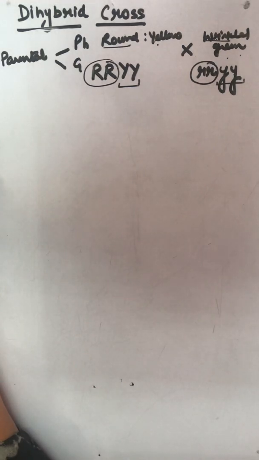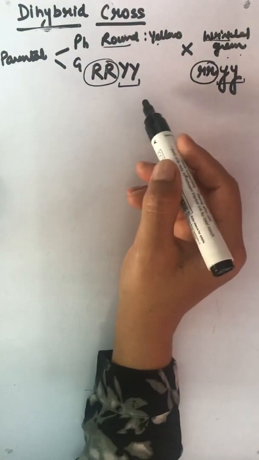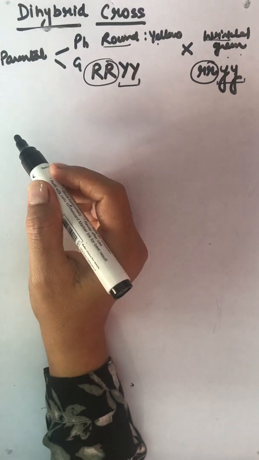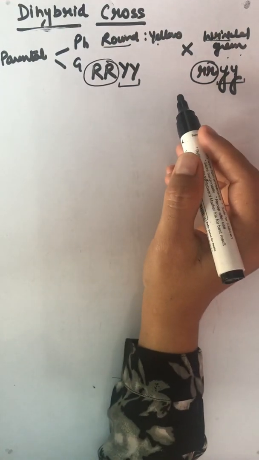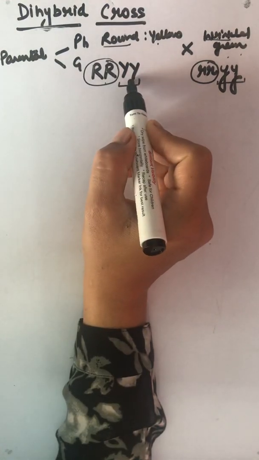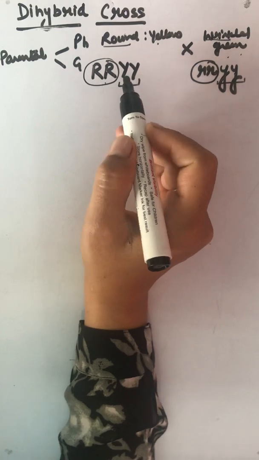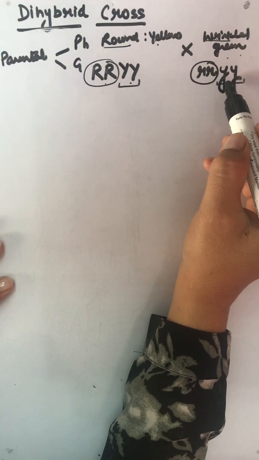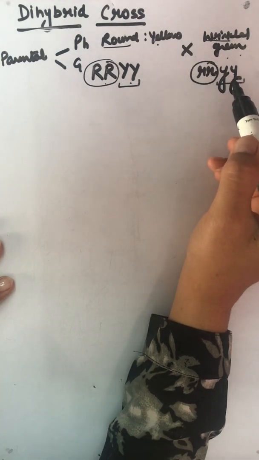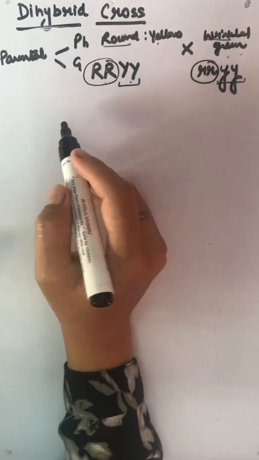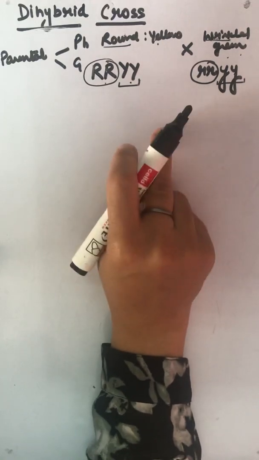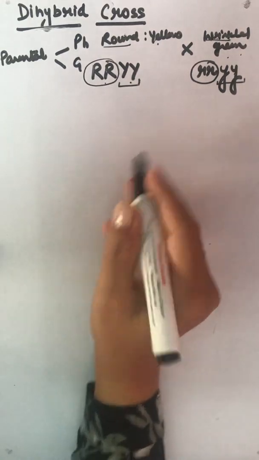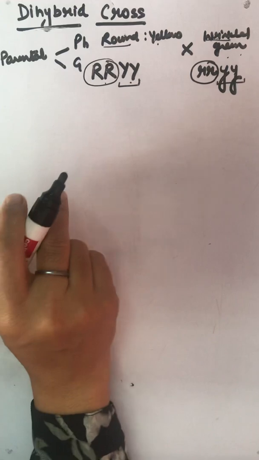Clear? These are the pairs of traits which are taken. Here the combination RRYY are the dominant genes and these ones are the recessive ones, means the recessive factors. Keeping these points in mind, we are now drawing a chart of the dihybrid cross.